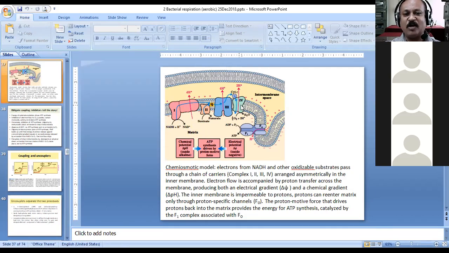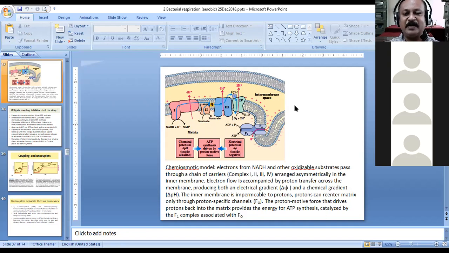And ultimately, oxygen is reduced to water here. In this process, we have seen that for every one oxygen molecule consumed, we have a total of 4 plus 4 plus 2, that is 10 protons, coming out of the membrane into the intermembrane space. That is going to generate the proton gradient.